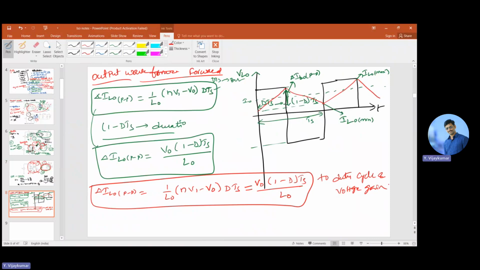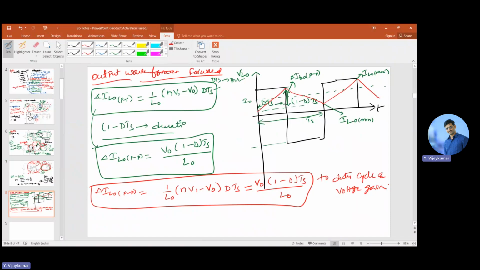Now, as we know, D2 is conducting when switch Q is on in the primary side. When D2 is conducting, a secondary current is flowing.